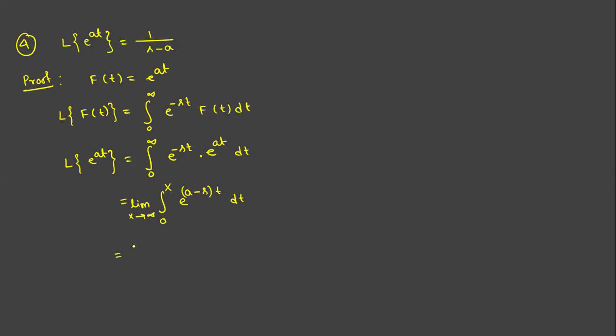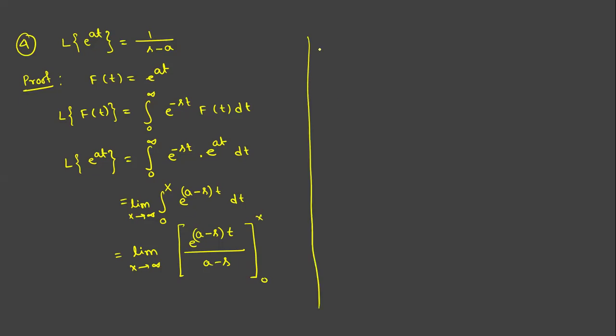So this equals the limit as x tends to infinity, and integration is with respect to t, so this will be e to the power a minus s into t divided by a minus s, from 0 to capital X.